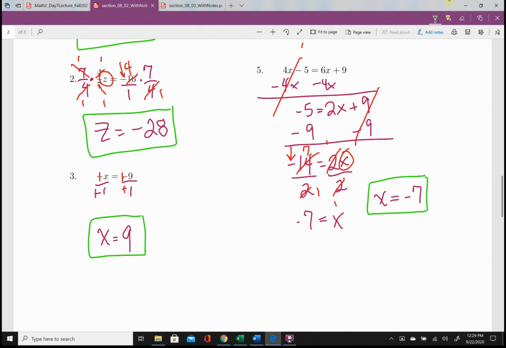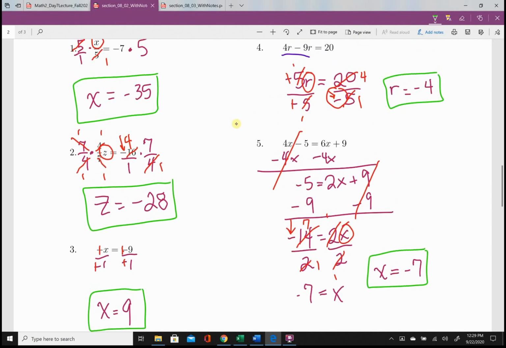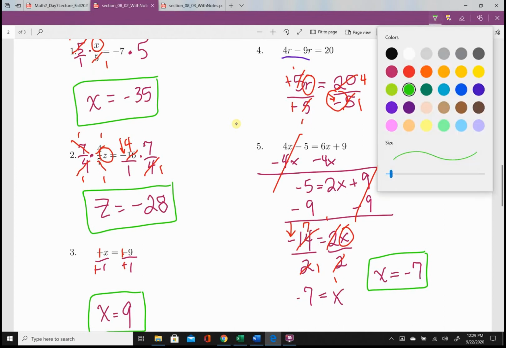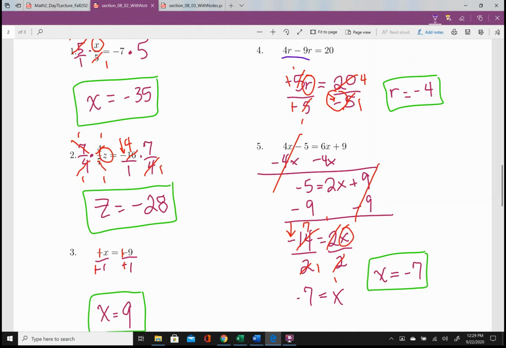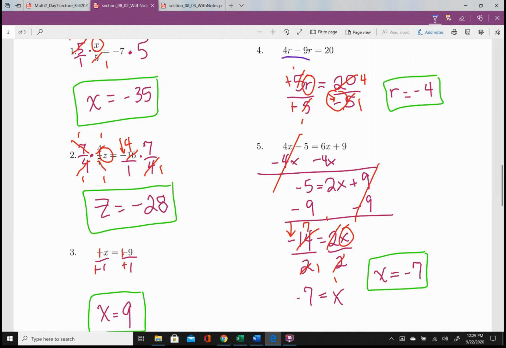Okay, now before we move on, I thought maybe I would go back to the original 5 problems and actually state all of the properties of equality, at least their acronyms, that I used here. I'll do that in teal. Here, I multiplied 5 on both sides of the equation, so I used MPO, multiplication property of equality.